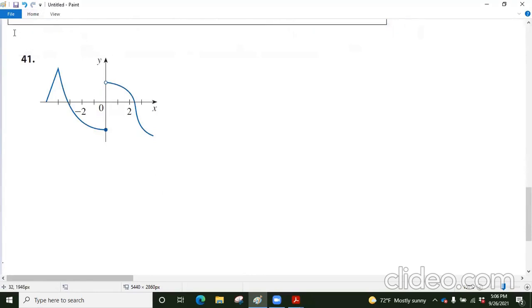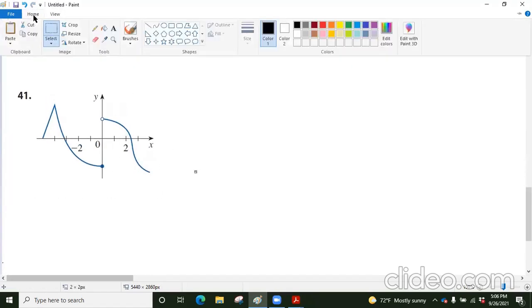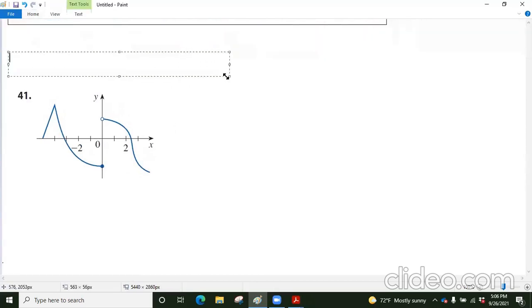This is number 42, and what it wants us to do is explain why certain points on the graph are not differentiable.